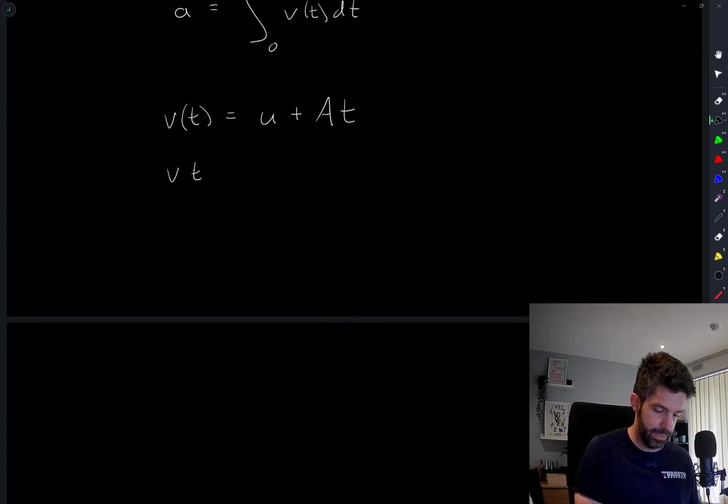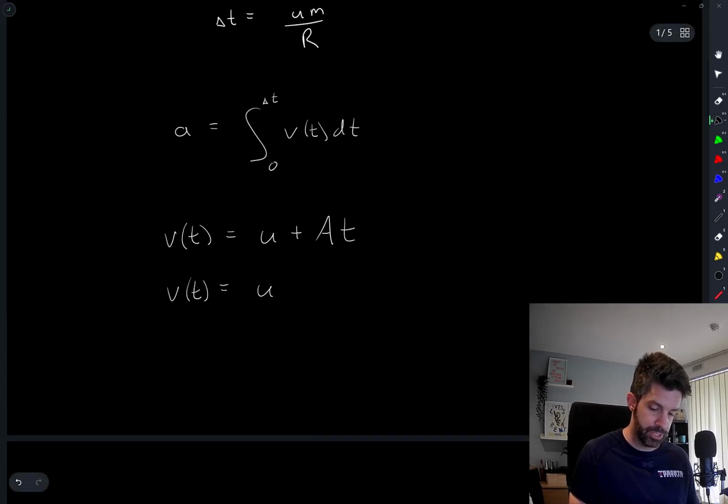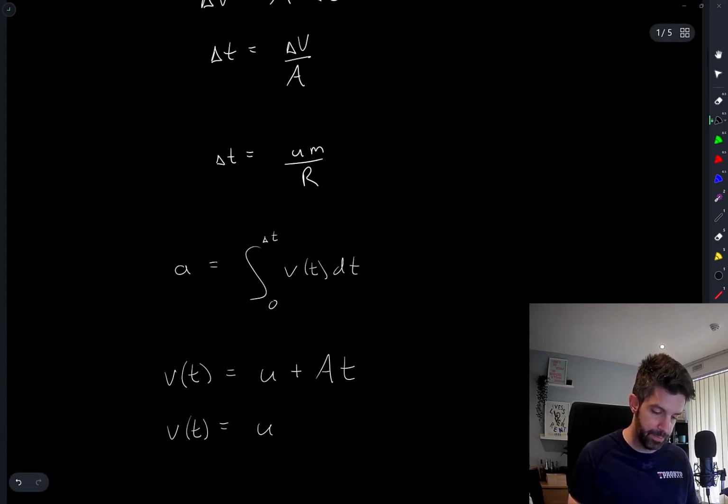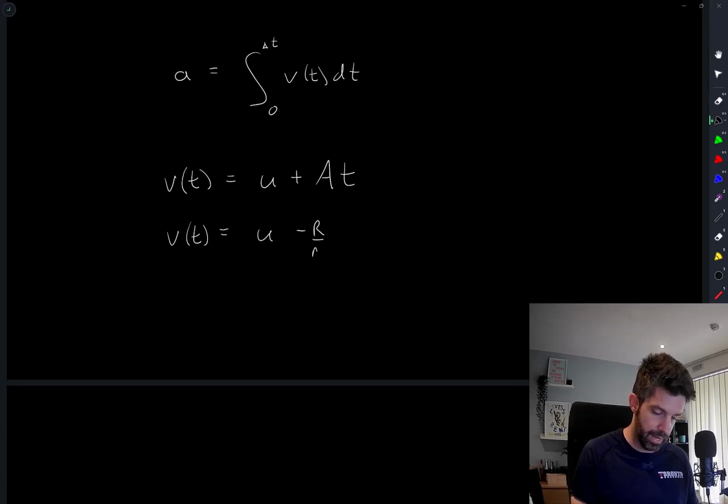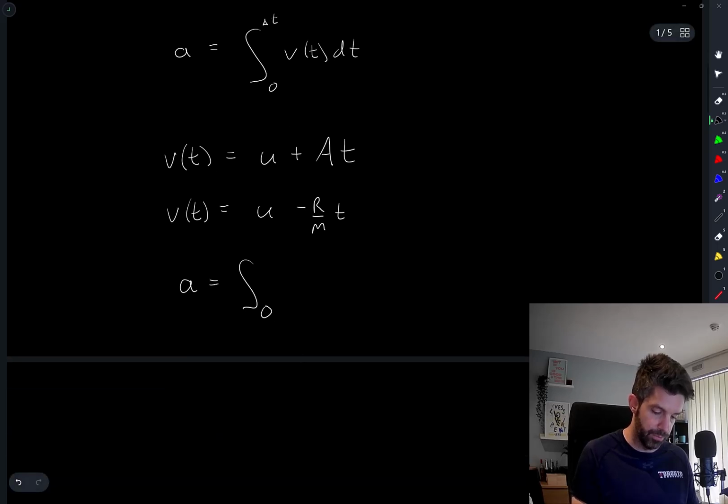So v of t is equal to the initial velocity u plus the acceleration times the amount of time acceleration has happened for, which is negative R over m times t. Okay, so we want to integrate this. a is equal to the integral from 0 to delta t, which was mu over R, of v of t, u minus R over m t dt.